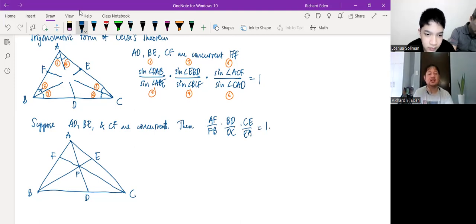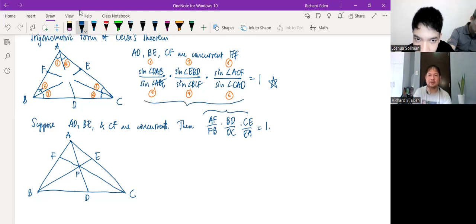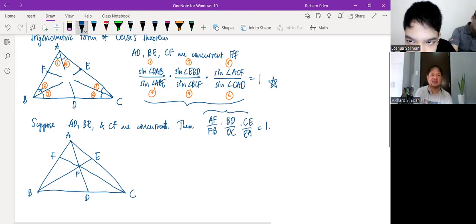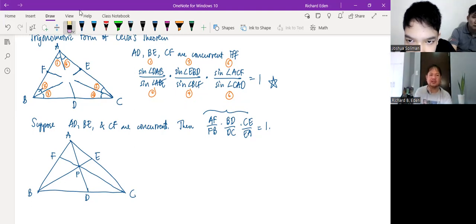This is by the ordinary form or the default form of Ceva's theorem. We're going to use that to produce the equation here. So basically, papakita natin, this product of three ratios will be equal to that product of various sines on the left side. So that's what we're going to do. And then we already have the product 1.